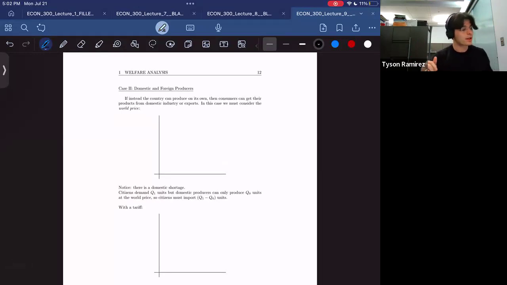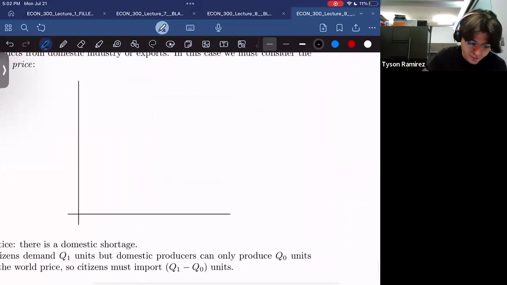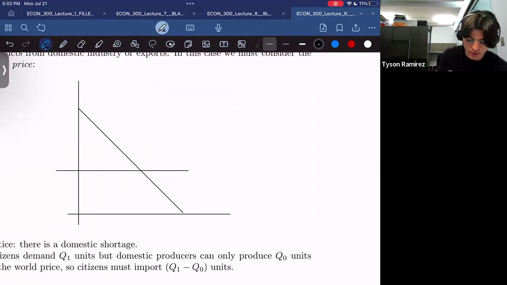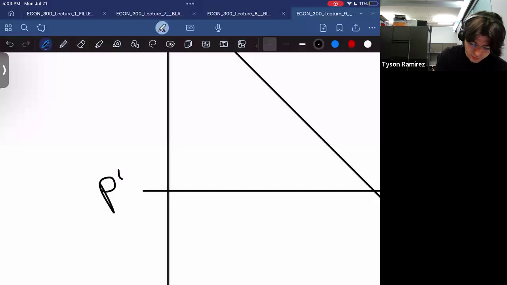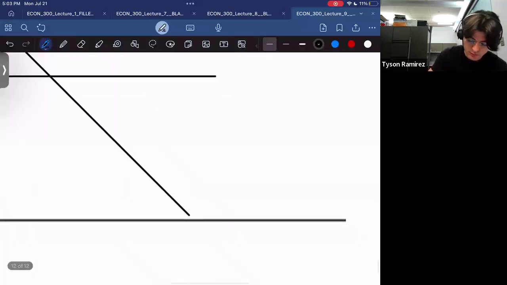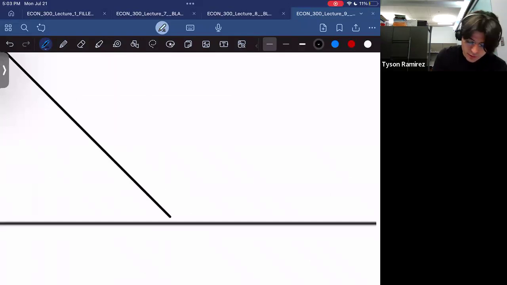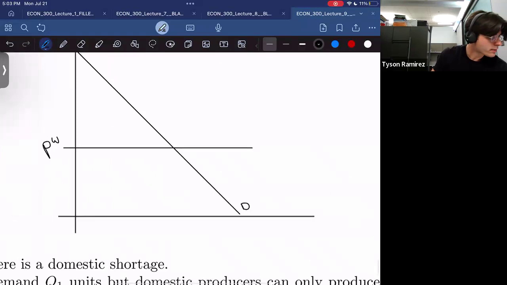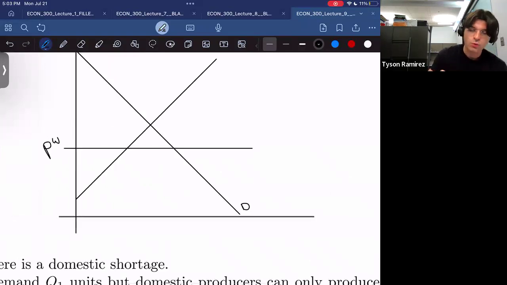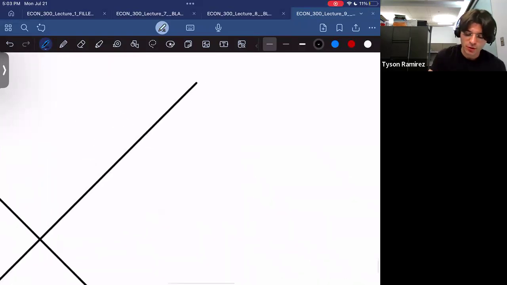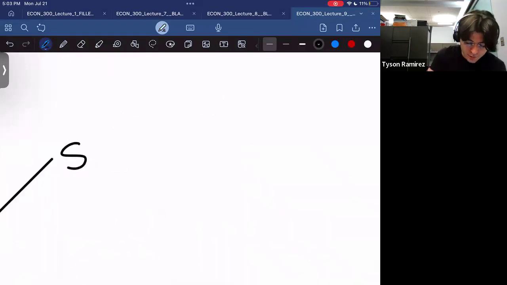All right. In this case, let's do something like this. We'll have the demand, and then we'll have the world price. The idea is that now when we produce this stuff at home, then we'll have a supply curve.